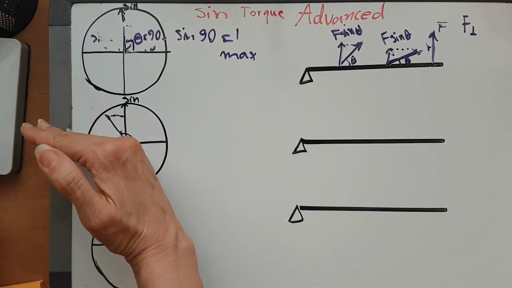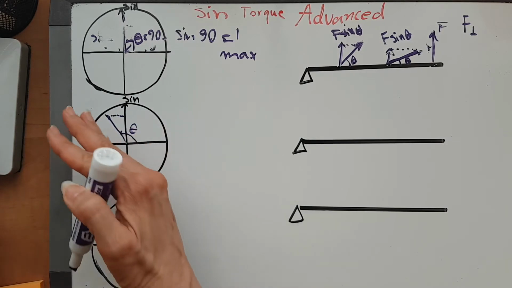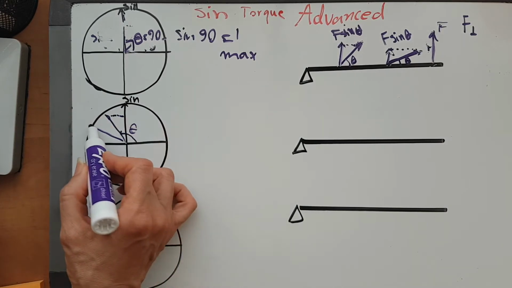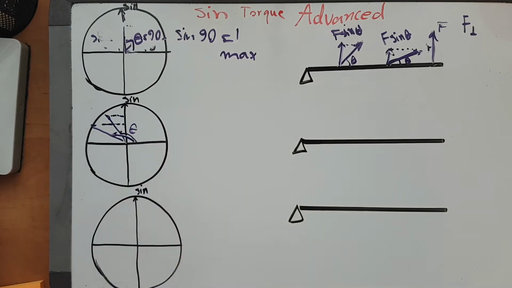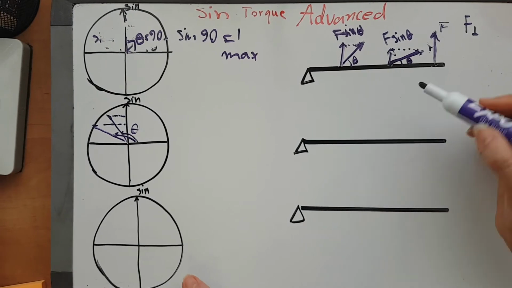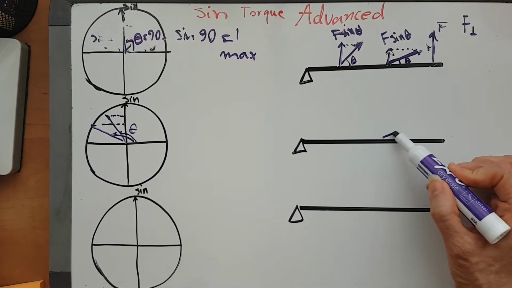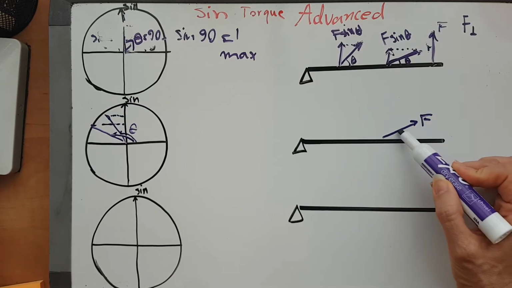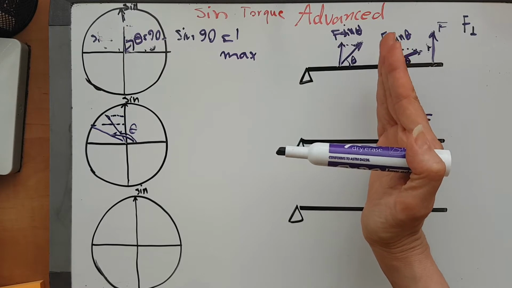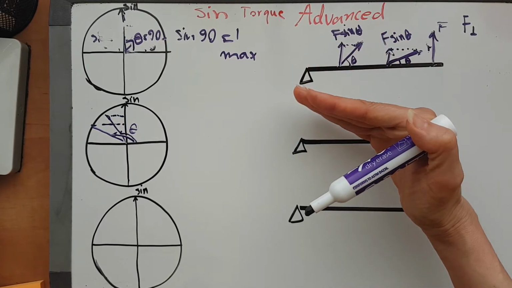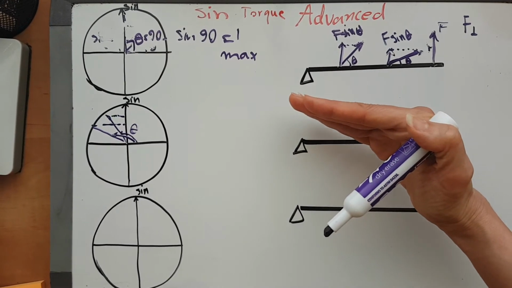So if I apply my force here, as theta gets bigger, my torque gets bigger, and if theta gets bigger than 90, my torque again gets smaller.